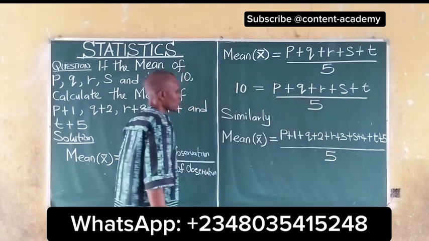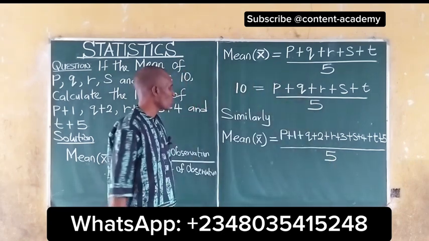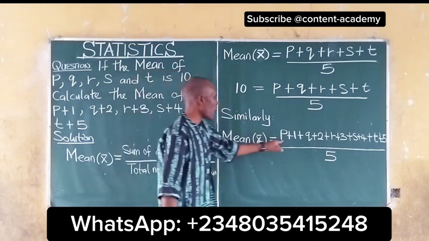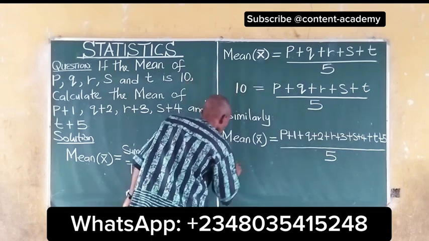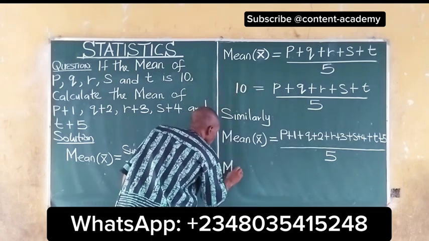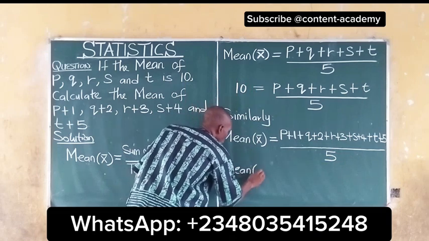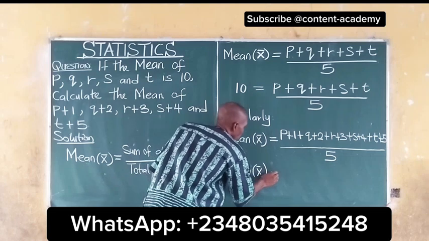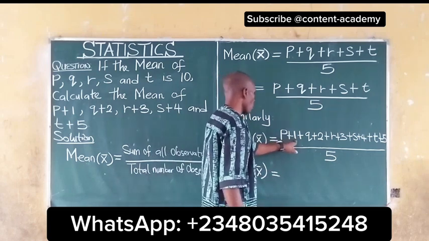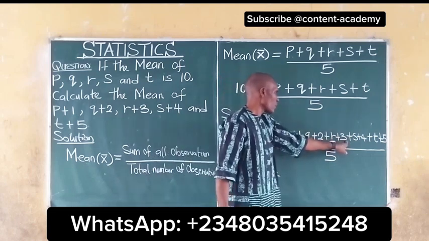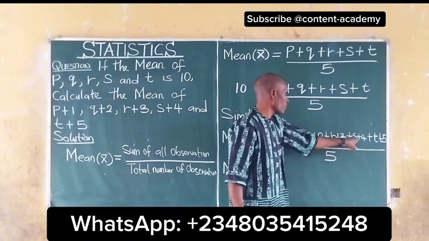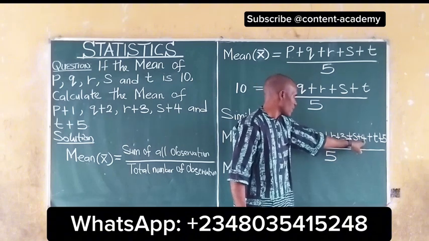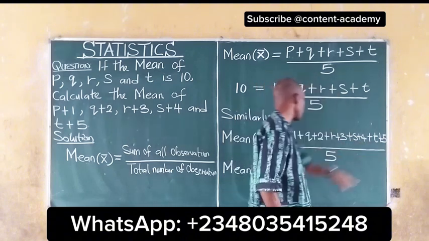The next thing to do is to add whatever we have gotten here. 1 plus 2 is 3, 3 plus 3 is 6, 6 plus 4 is 10, 10 plus 5 is 15.